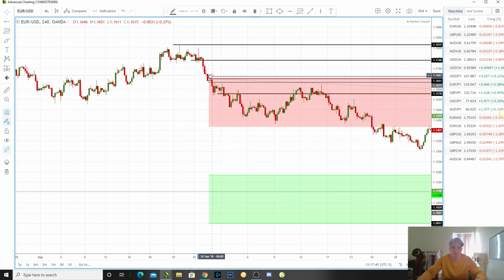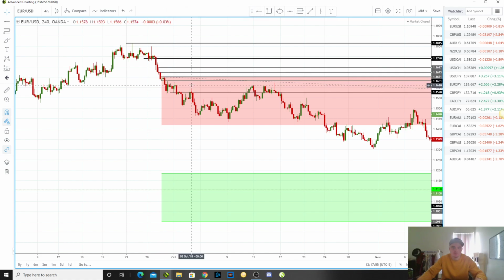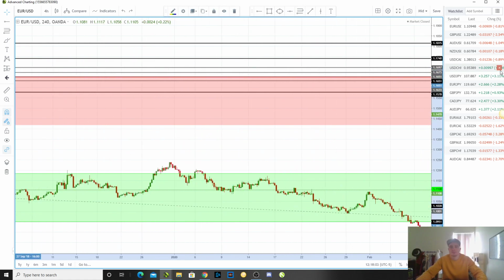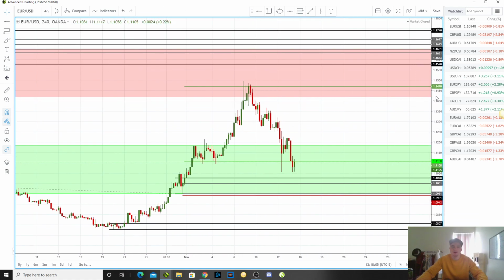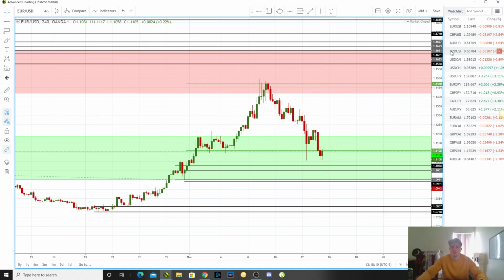It looks like this would probably be the next level on the 240 there. Maybe this level right above for short opportunities, or where we want to be trading to. So we're not going to set up the curve shorts yet because price is just too far away to be trading to there.